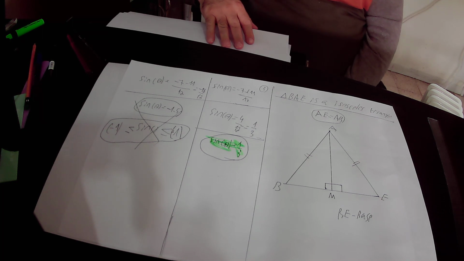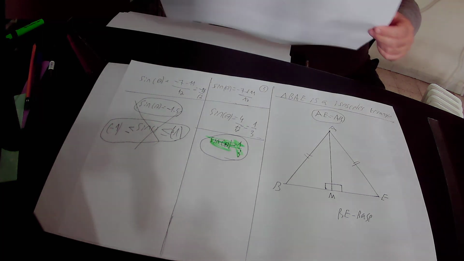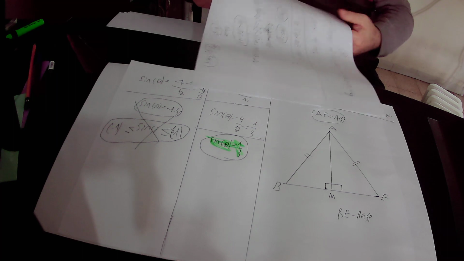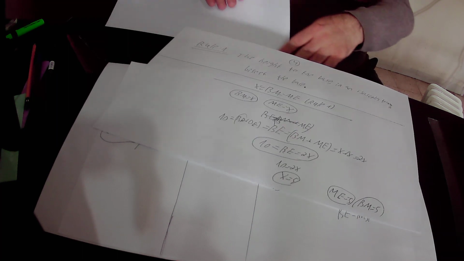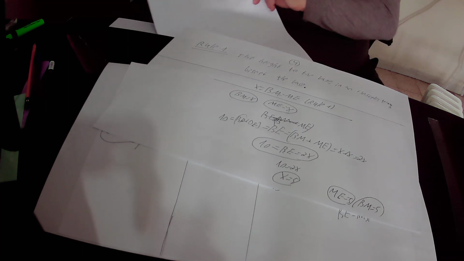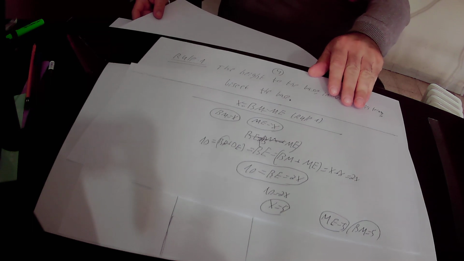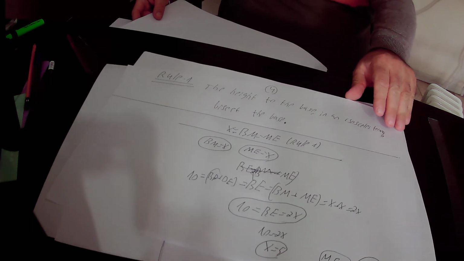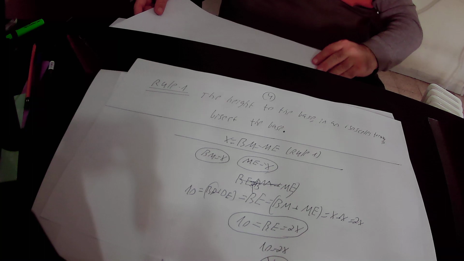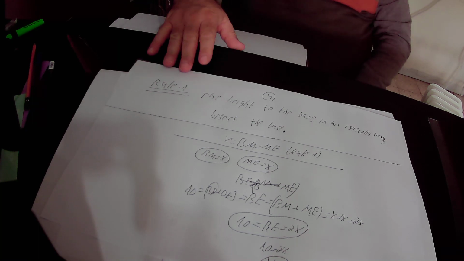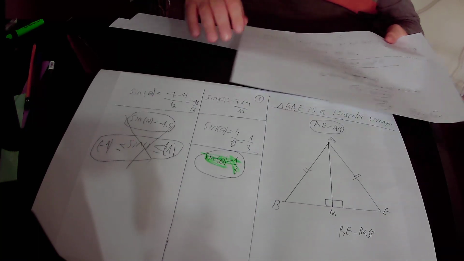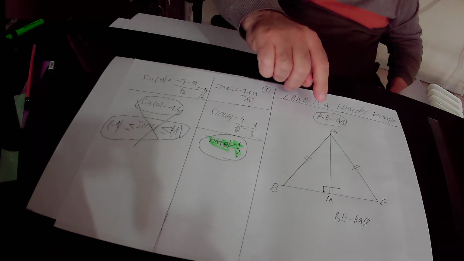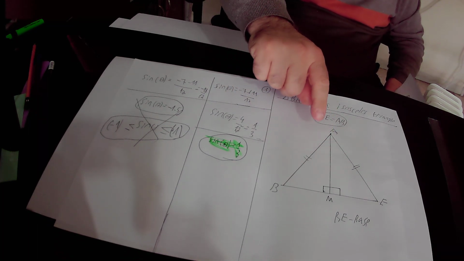And we have rule number 1. According to rule number 1, the height to the base in an isosceles triangle bisects the base. So here the height AM to the base BE bisects the base BE.